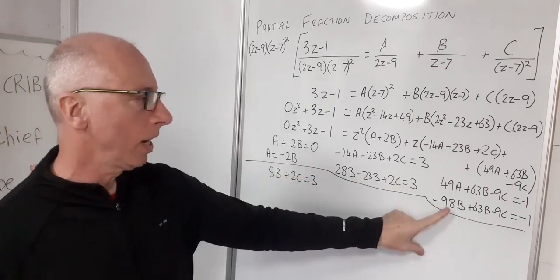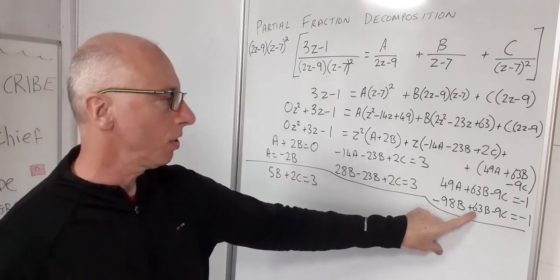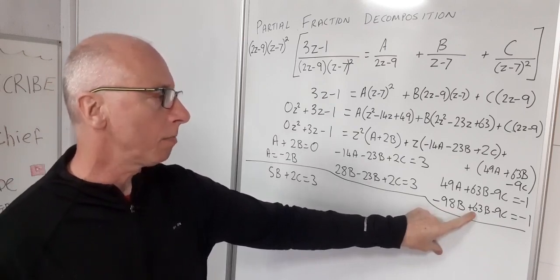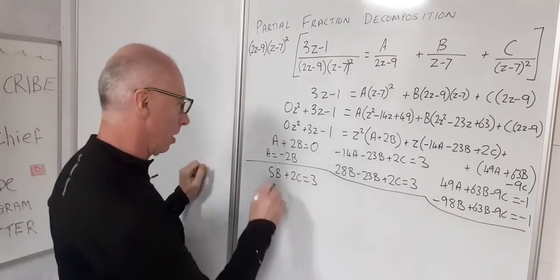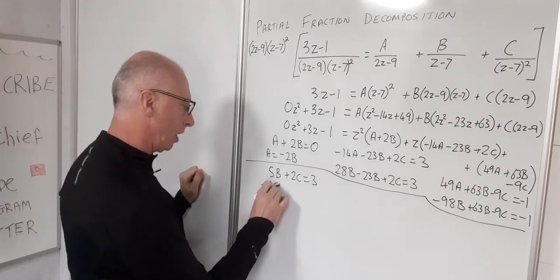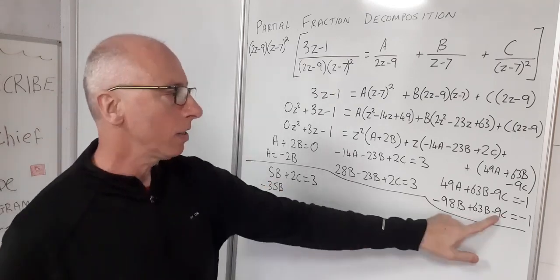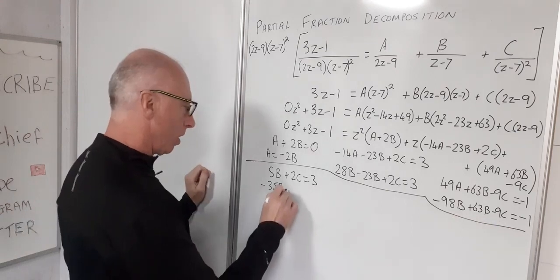And let's see if we can do something here. Minus 98b plus 63b, well, that's going to leave me with minus 35b, minus 9c equals minus 1.